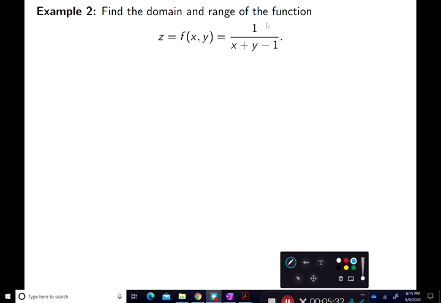But for the outer function, a function of one variable, I know what the domain and what the range is. For 1 over a variable, the variable in the denominator should not be equal to 0. So I set that not equal to 0. And what I end up with is we have to exclude the line x plus y equal to 1.